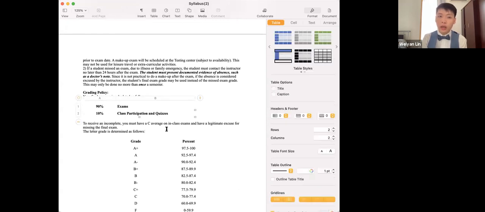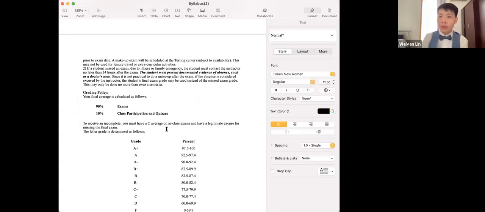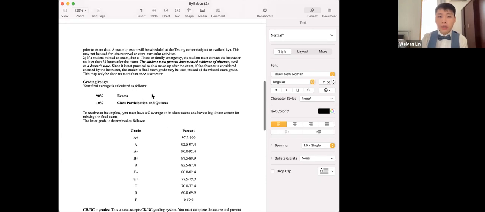Basically, if you didn't do well in the exams, but you attend classes and do quizzes regularly, then you would get grades on this. Again, this is not like you don't attend class, you lose grades. This only has positive effects on your grades. So basically you get points by attending classes and doing quizzes.